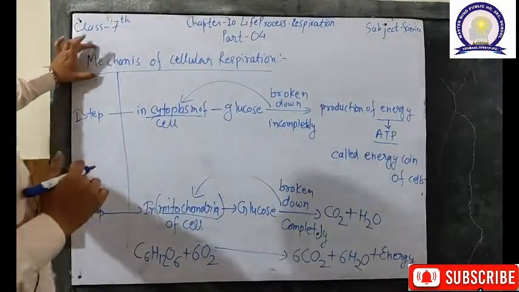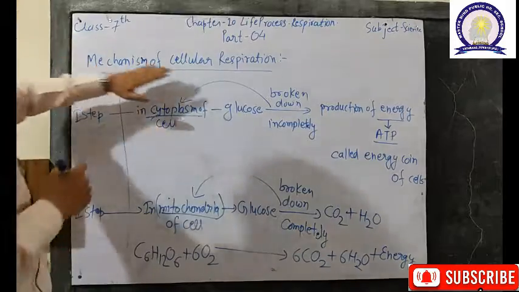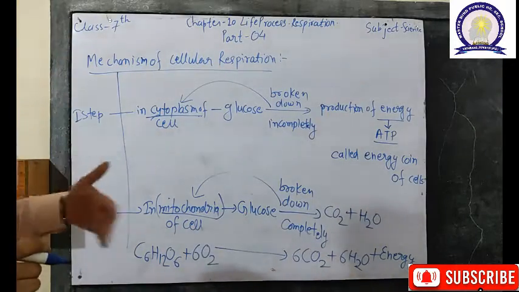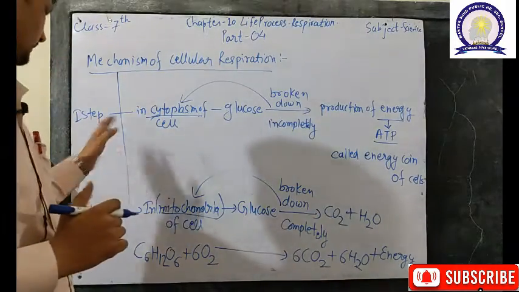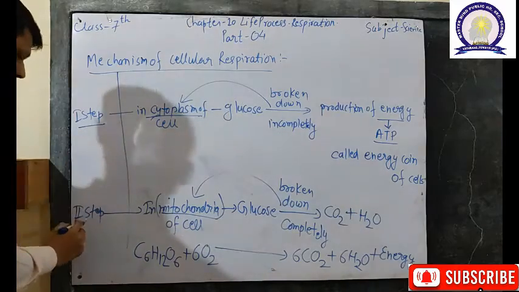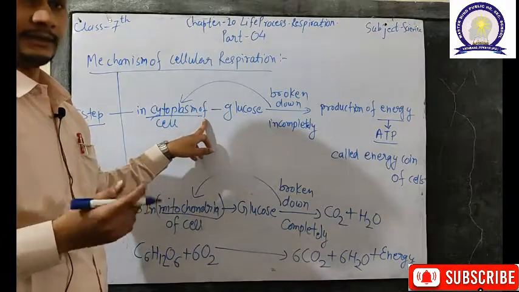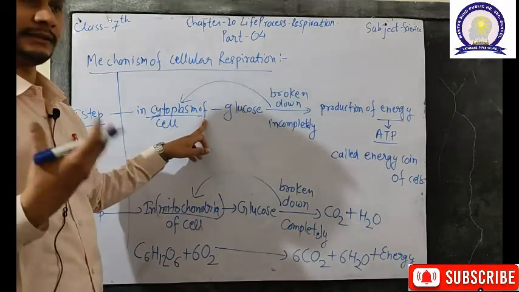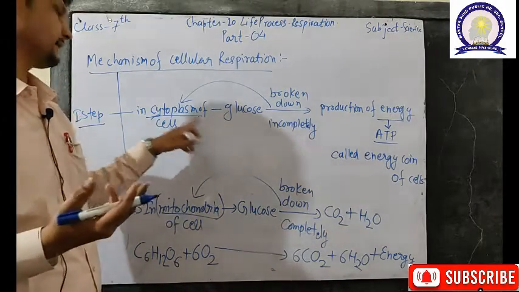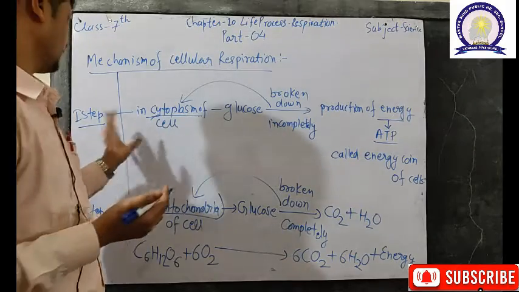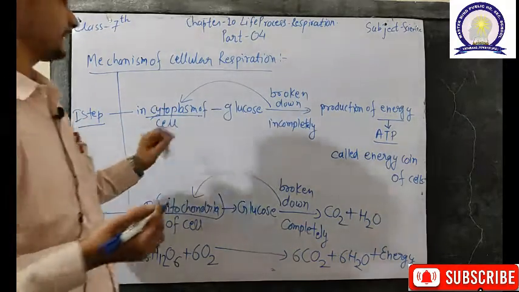Now the mechanism of cellular respiration occurs inside the cell, and it occurs in a two-step process. In the first step it occurs in the cytoplasm of the cell, the liquid contained inside the cell, and the first step occurs in that cytoplasm.